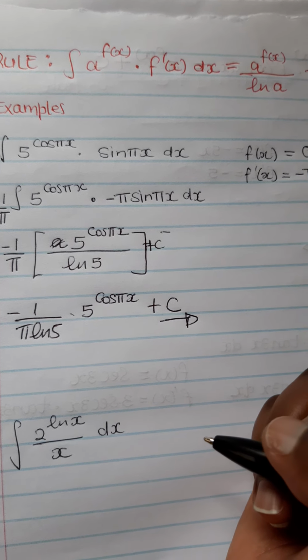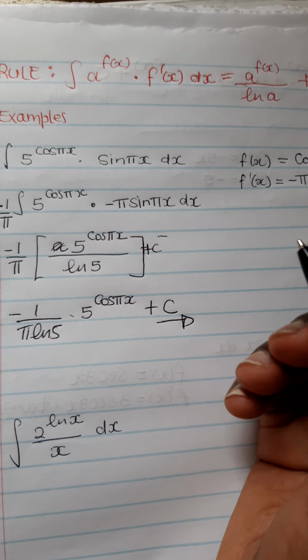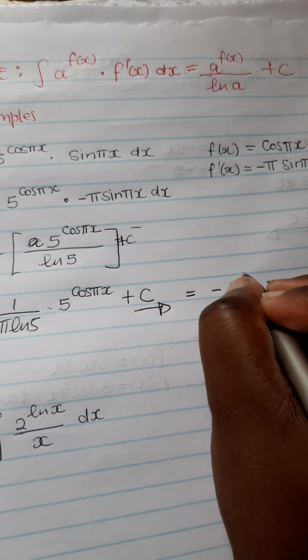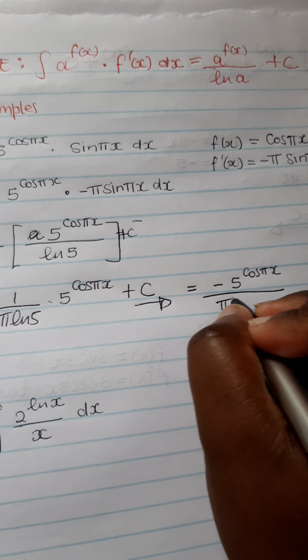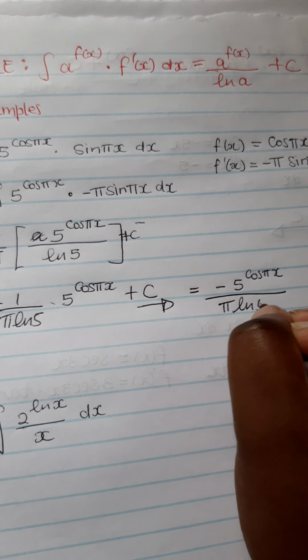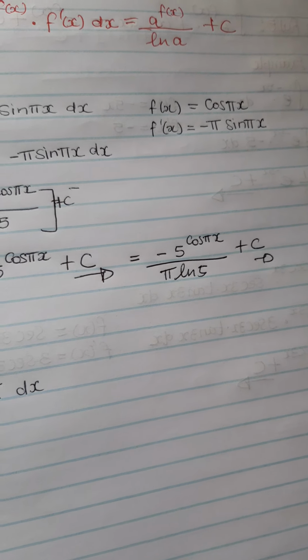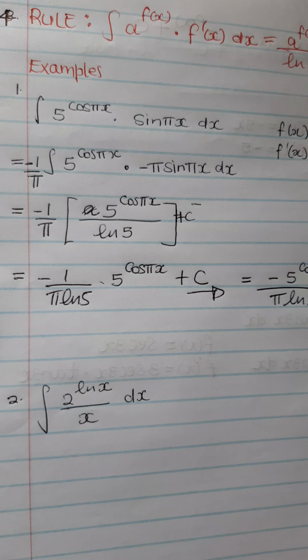I hope it's clear. Right? Or better yet, you can write it as negative 5 to the power cos pi x all over pi ln 5 plus c as the answer. Right.